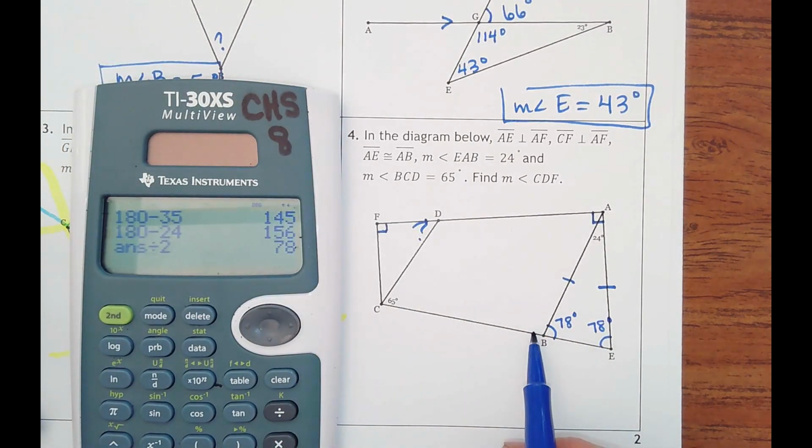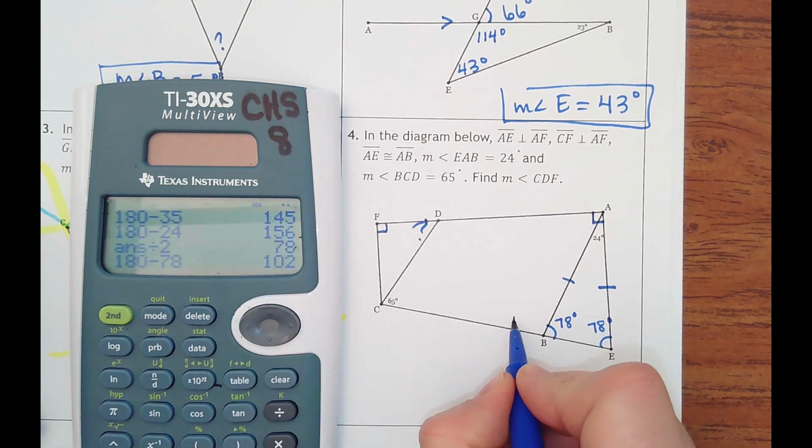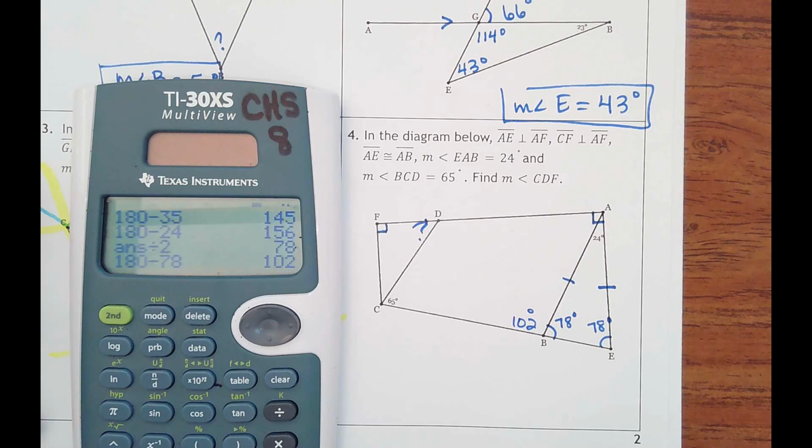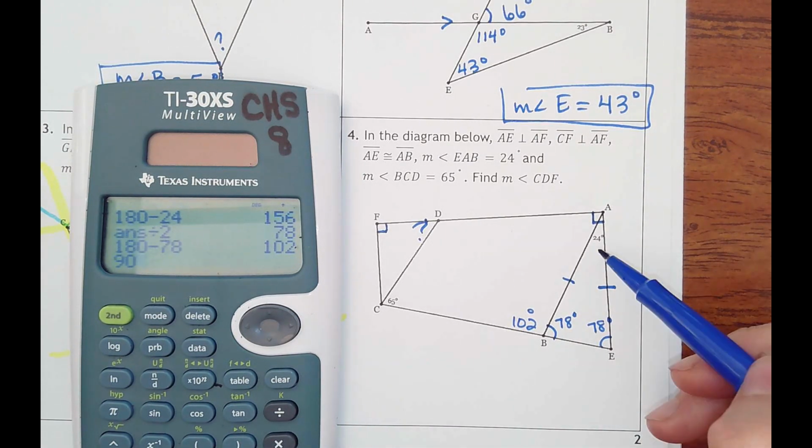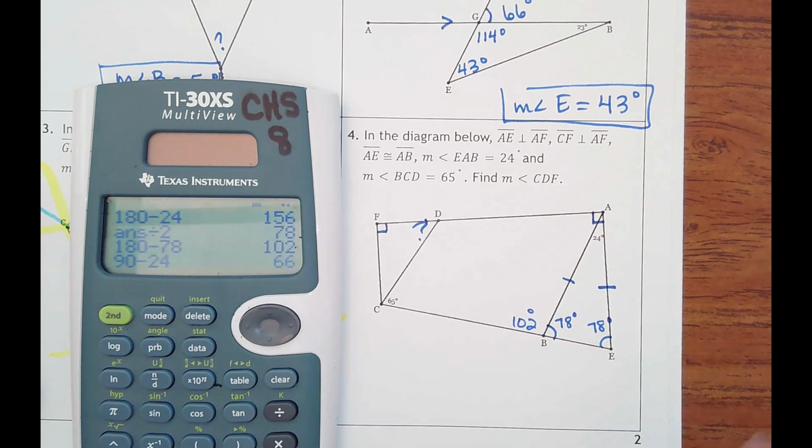Then I could find this other angle here at B, because it's a linear pair. So I do 180 minus 78 and get 102 degrees. I also could find this angle here, since this is a 90. If I did 90 minus 24, puts me at 66 degrees.